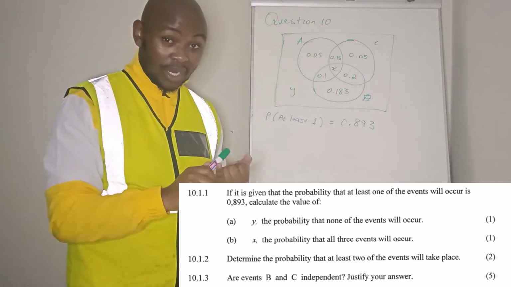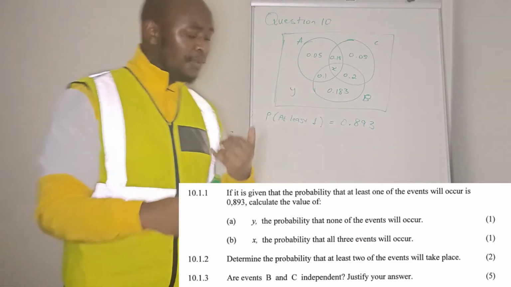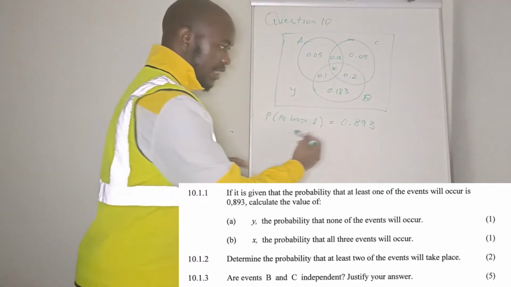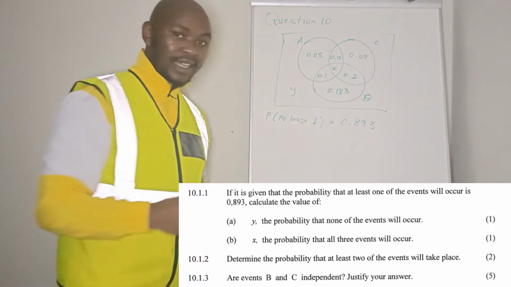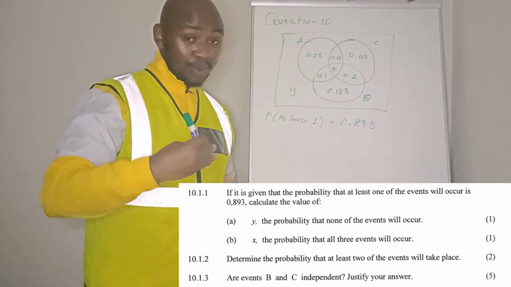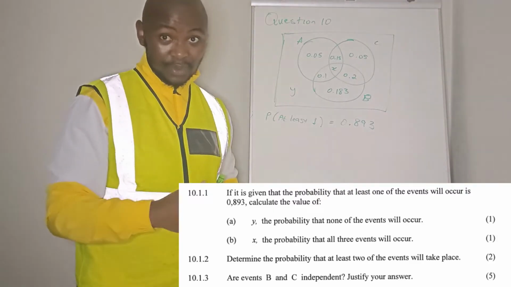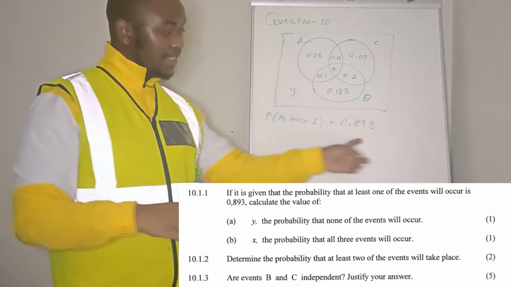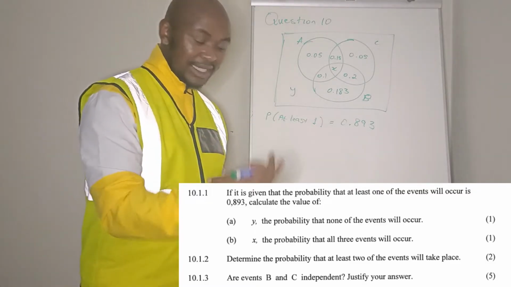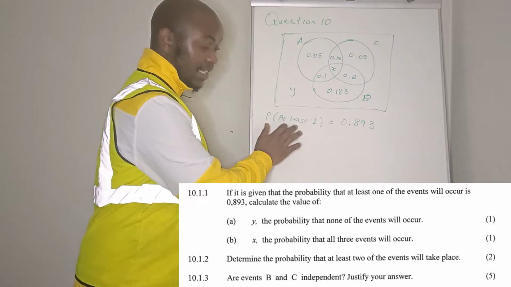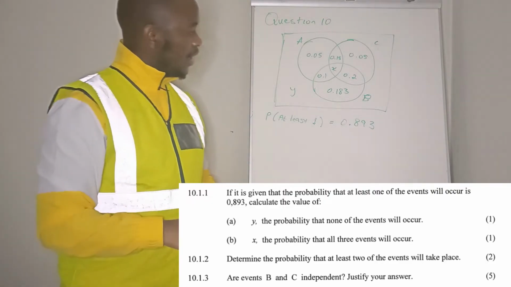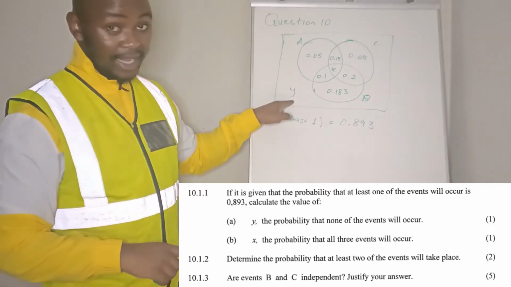It must be at least one. So this question is asking us, if at least one event occurring is 0.893, what is the probability that none is occurring? So we are negating the statement. We are saying what is happening if this does not occur. And that speaks to Y.